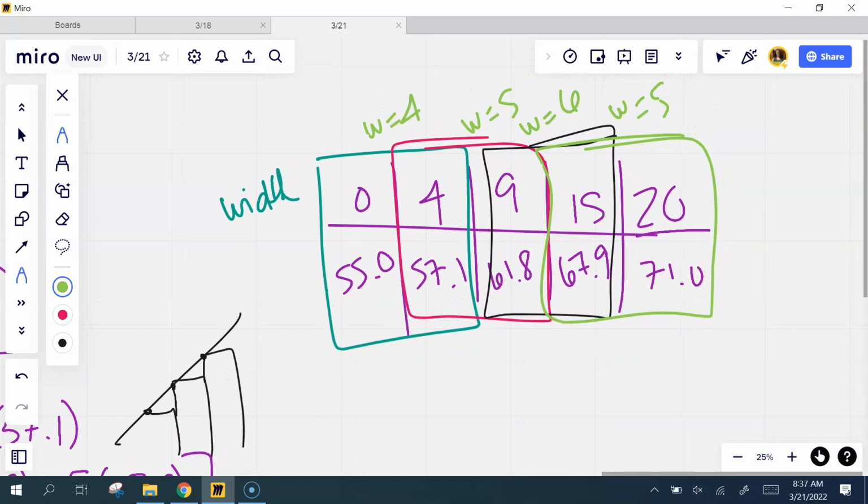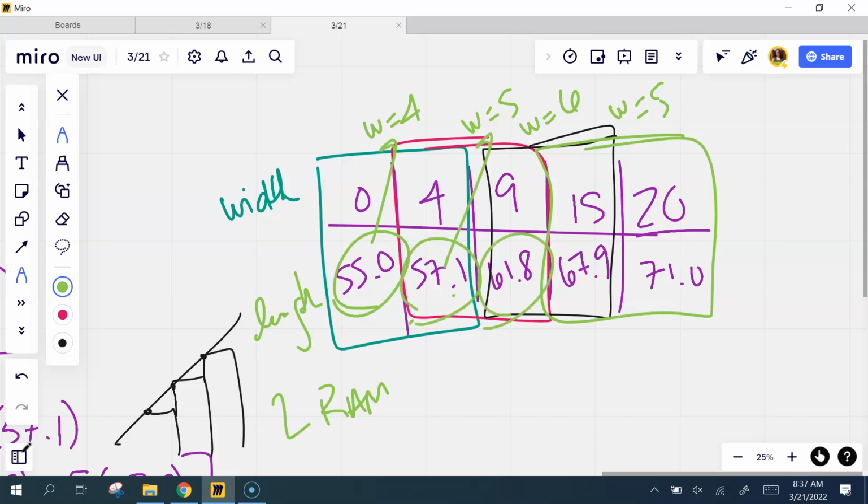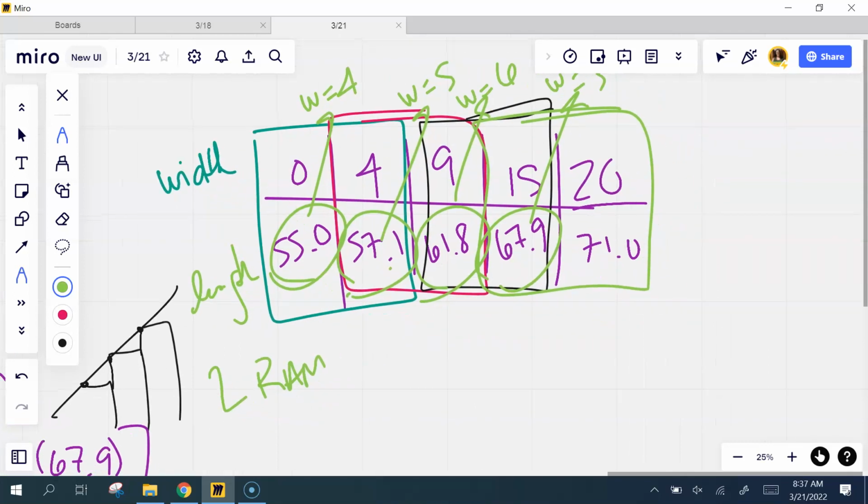A rectangle is length times width, so this is your length. But it doesn't go from one to the next because it's a left Riemann sum. I just take this value, and I don't use that last one because those rectangles come up like this.